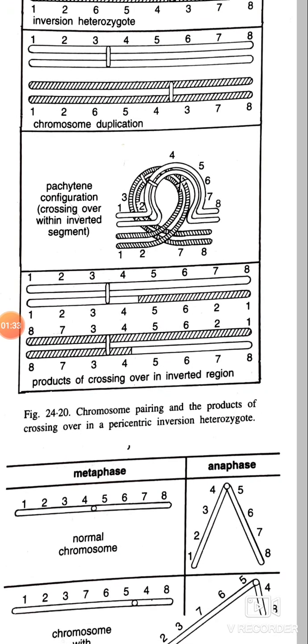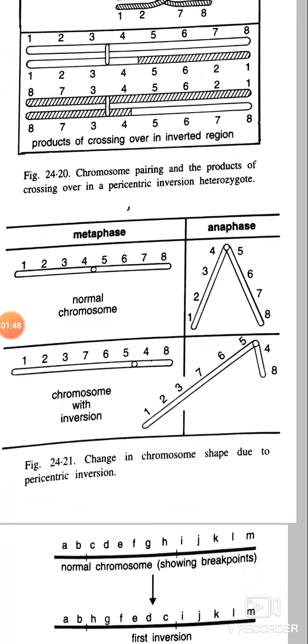Here is the diagram of chromosome pairing and the products of crossing over in pericentric inversion in heterozygotes in Pachytene configuration. And the second one is the change in chromosome shape due to pericentric inversion.